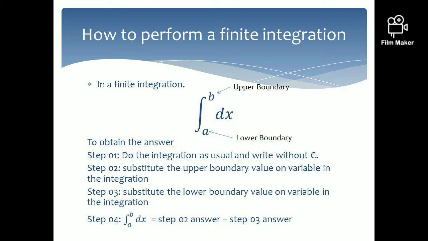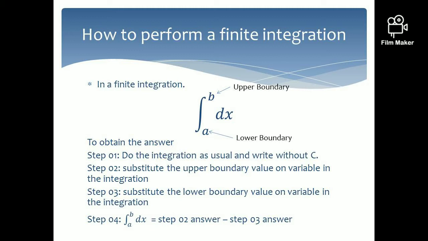Then our objective is how to perform this finite integration. Step 1, we have to do the usual integration that we did in the previous topic. Then substitute the upper boundary value into the expression you obtained from the integration. In the next step, you have to substitute the lower boundary into the same expression.